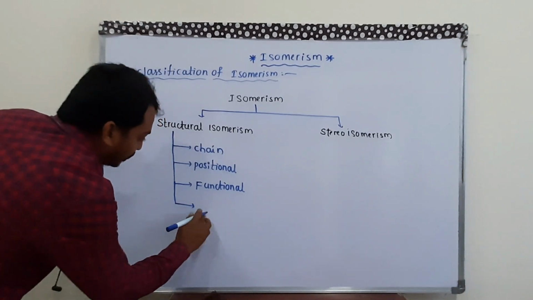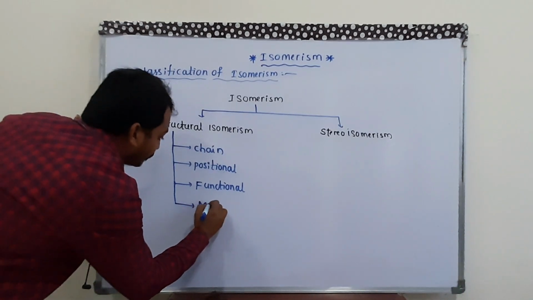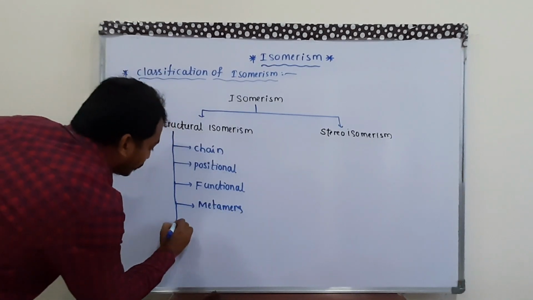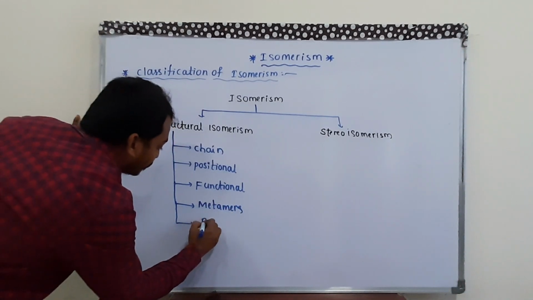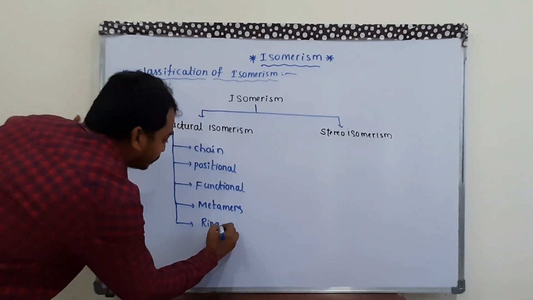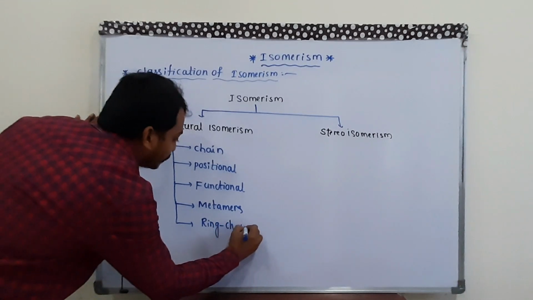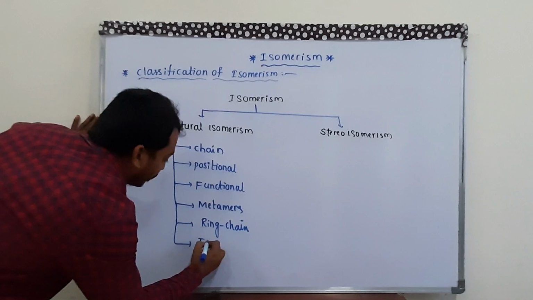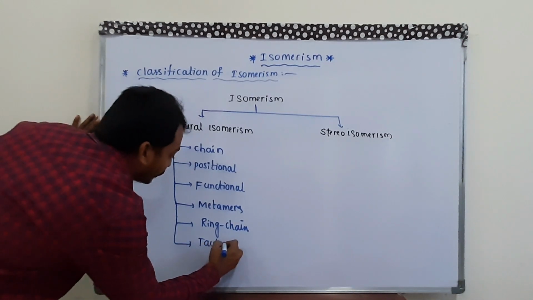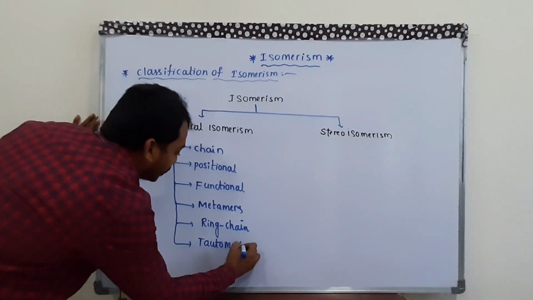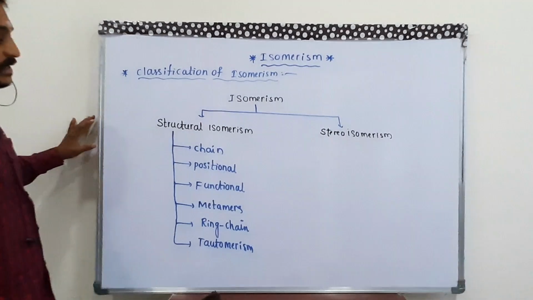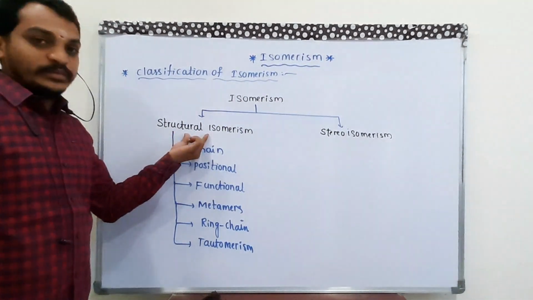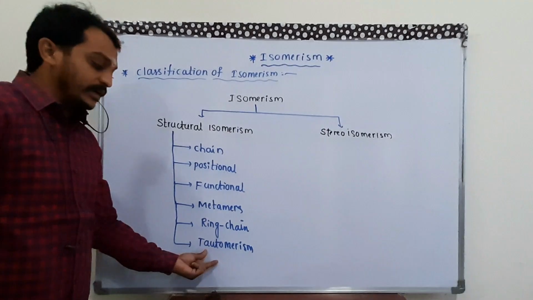Fourth one is the metamers. Fifth one is ring chain isomerism. Sixth one is the tautomers or tautomerism. So these are the 6 classifications. Structural isomerism is classified into 6 categories.